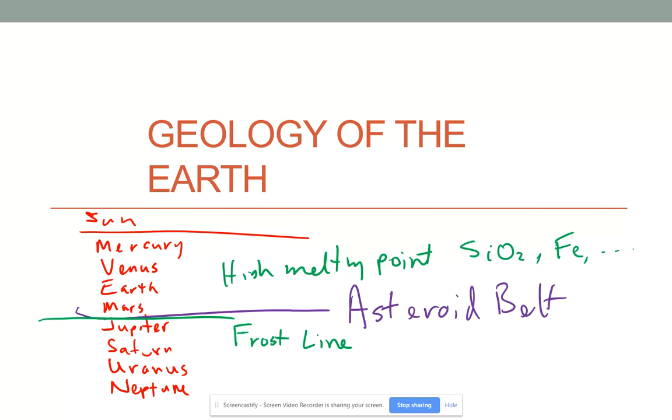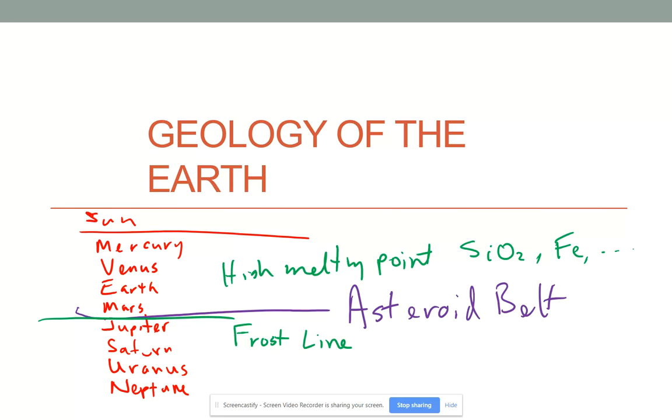Now, once they get to be large mass, you can hold on to anything, right? The Earth has an atmosphere. We can hold on to anything except for hydrogen and helium because we have enough mass now. But before you have enough mass, you can't hold on to them. And so these were able to accumulate lots of things that we would consider gases and liquids early on, grew very big. They still collected the high temperature melting point stuff, right? There's nothing barring that.